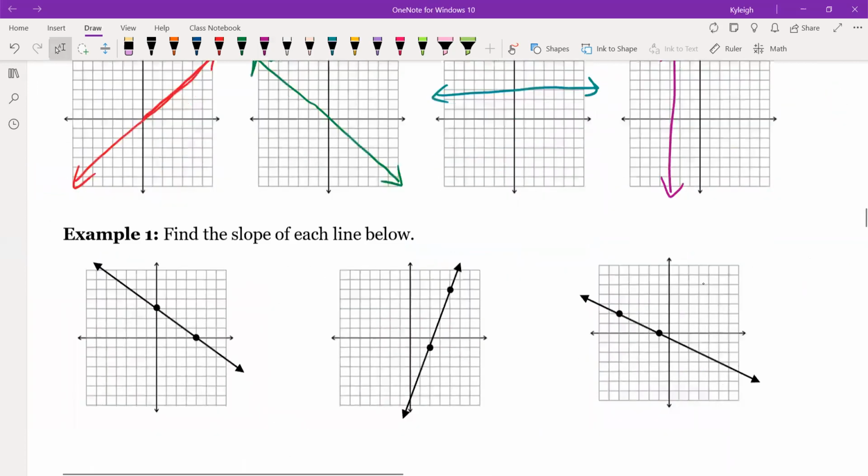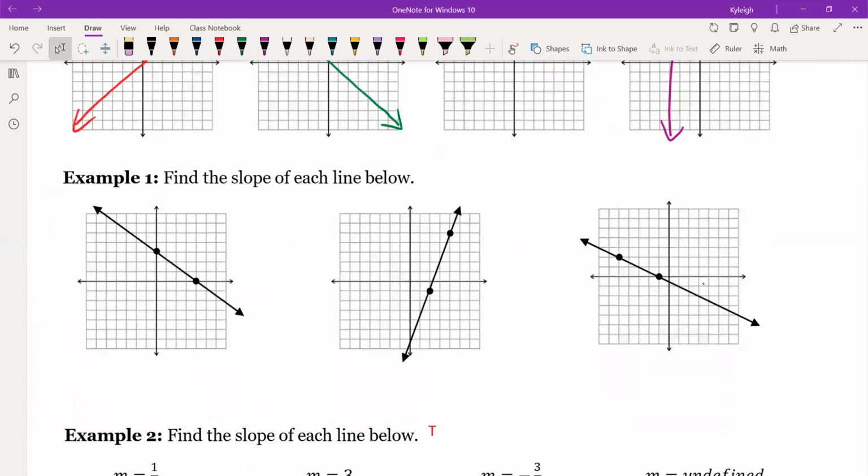Okay, so we want to find the slope of each line. What that means is we're going to go from one dot to the next, and we do that simply by counting the boxes. We go rise first, so rise over run. How many boxes did we go up? We went up 1, 2, 3. So our rise is 3.